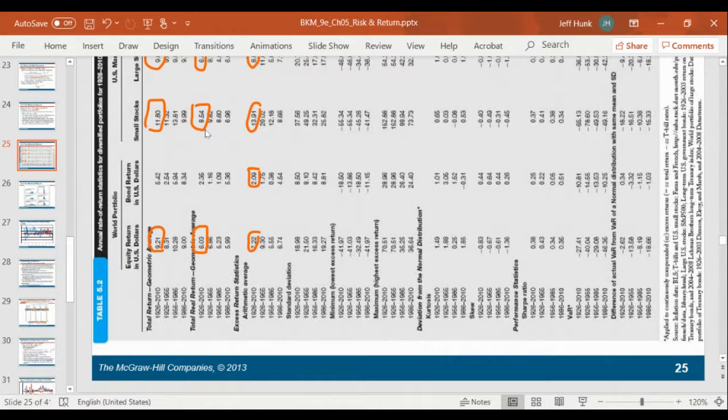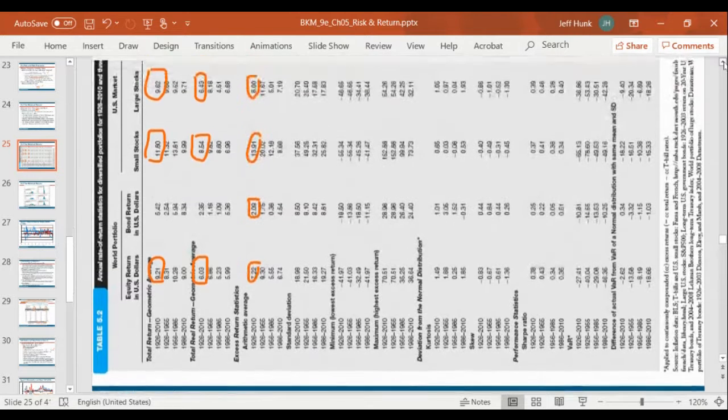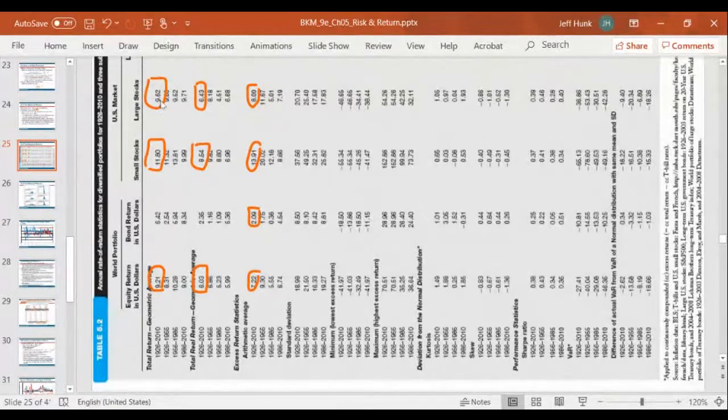Even real return was 8.54, right? Large cap 9.9, 9.62 for nominal return, and 6.43. Is it 8 or 6?